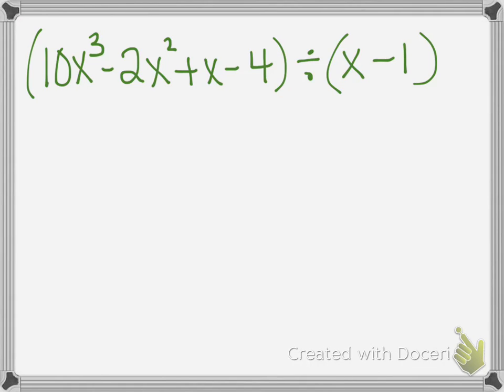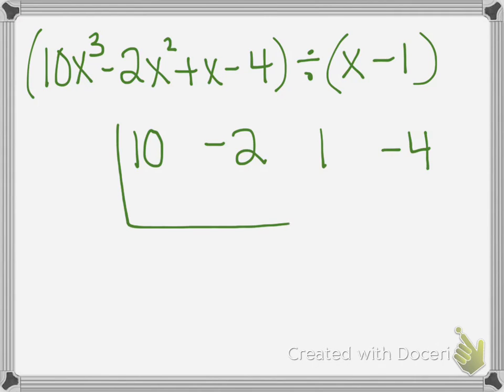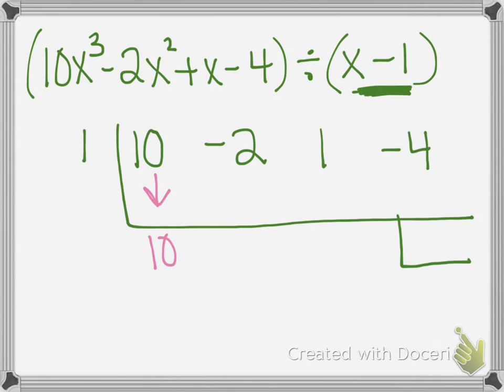I'm going to take my coefficients of my dividend, 10, negative 2, 1, and negative 4. I'm going to draw my box, and I'm even going to put the remainder box in first. Then I know it's the opposite, or the solution to my divisor as a factor, which is going to be 1. Very first step, drop that 10 down.